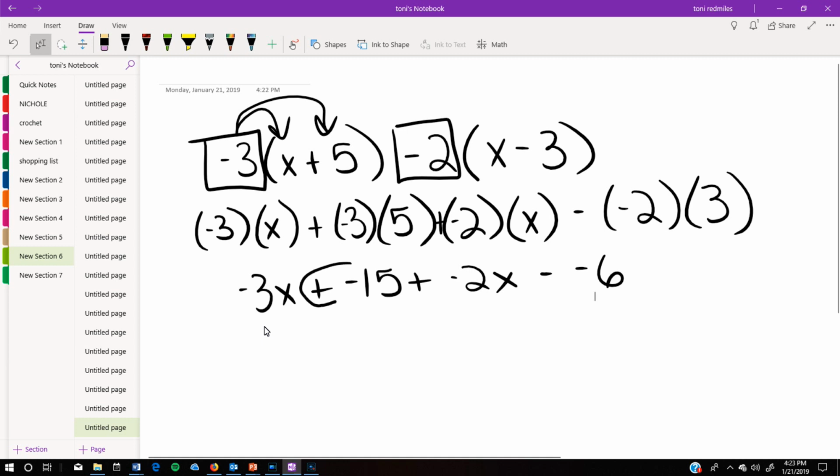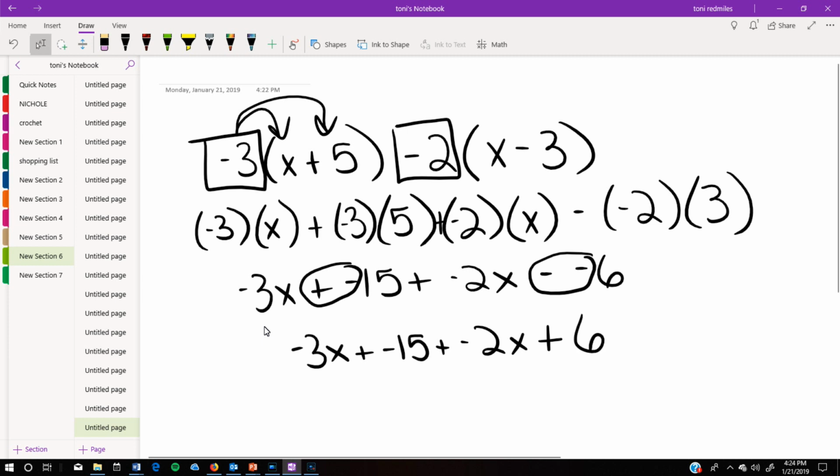A lot of people like them cleaned up though. You should never have two signs beside each other. So I could just make that a minus. The minus is stronger than the plus, but it doesn't matter. I'm going to keep it in just because it usually doesn't bother people. This is the one that bothers people. When I have two negative signs beside each other, that is a plus, okay? And check out a video on integers if you don't know how to do that. That's not really what we're going over today, so I'm not going to go over it.